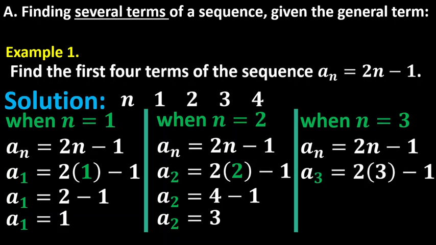Tama? Ito napalitan ng kulay. Okay, 2 times 3 lang yun. 2 times 3, that is 6. 6 minus 1, that is 5. Now, since this is a sequence, ibig sabihin may pattern yan. Your first term is 1, your second term is 3, your third term is 5.